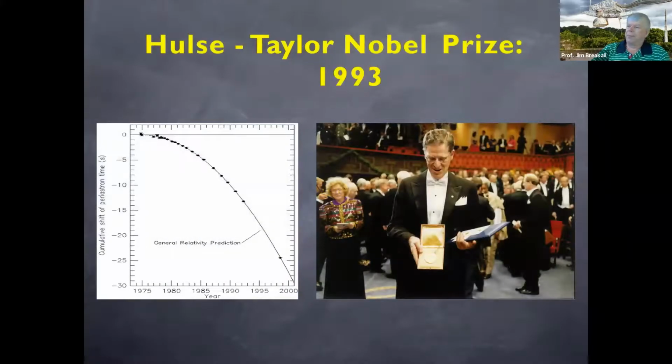Here is Professor Joe Taylor from Princeton, and his graduate student was Russ Holtz. And you can see how they plotted the change in that binary pulsar. And this change was the result of the general theory of relativity of Einstein and gravitational waves.